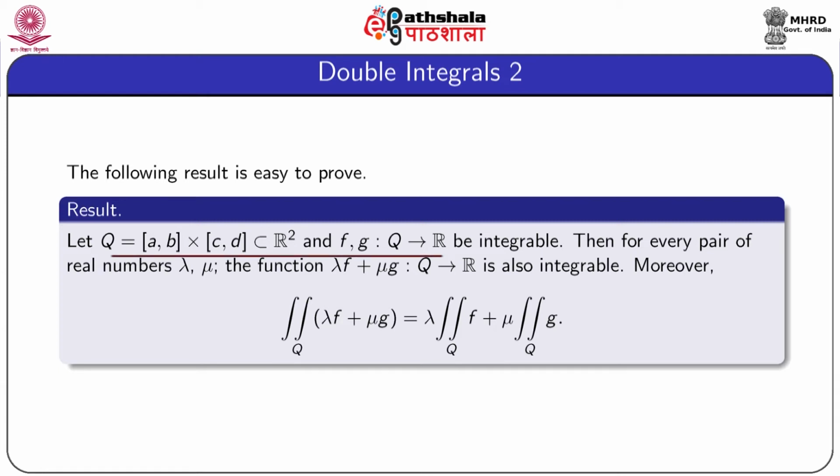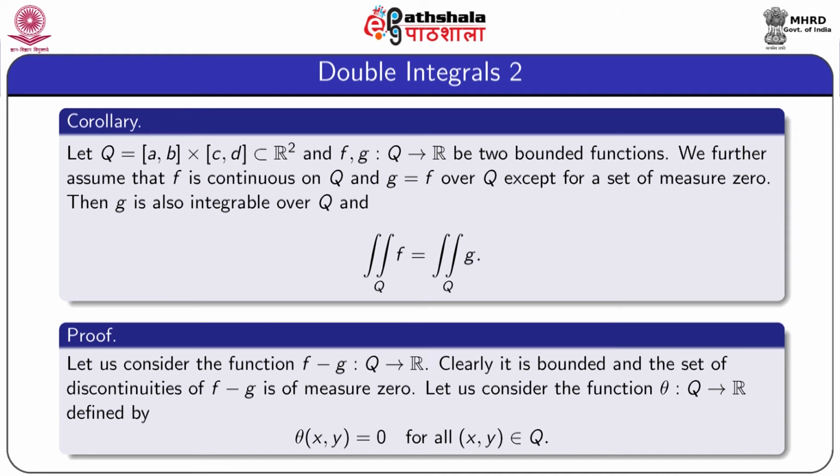Let Q equal to [a,b] cross [c,d] and f and g both from Q to R be integrable. Then for every pair of real numbers lambda and mu, the function lambda f plus mu g from Q to R is also integrable. Moreover, integral of lambda f plus mu g over Q equals lambda times integral of f plus mu times integral of g.